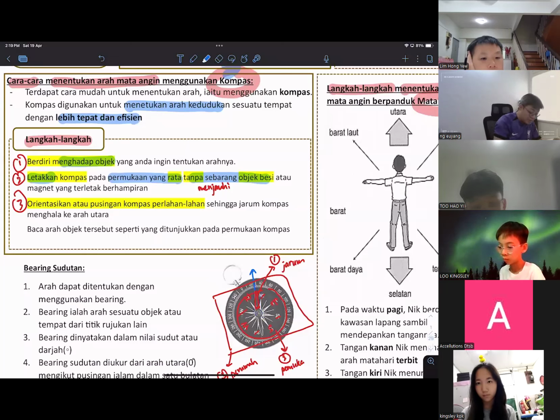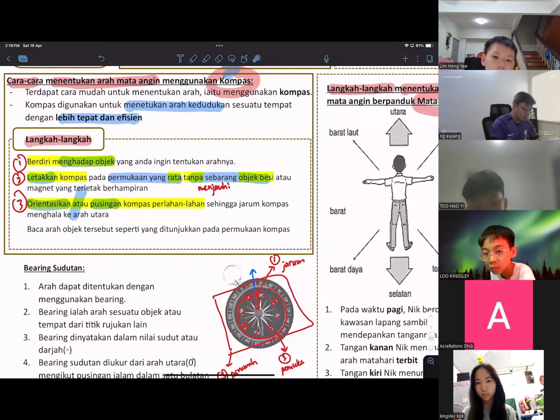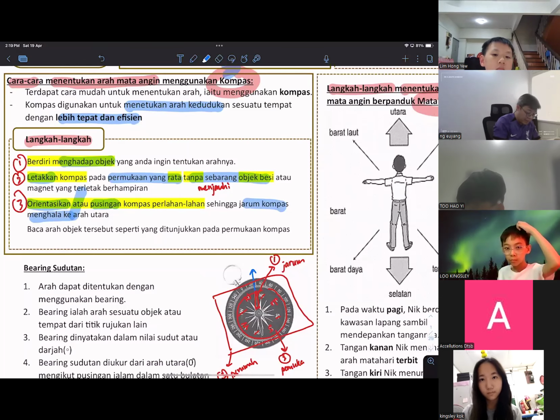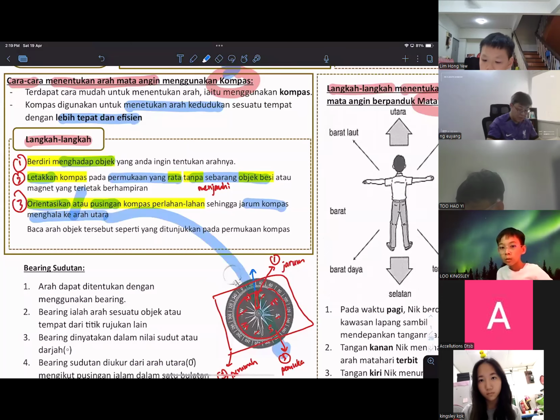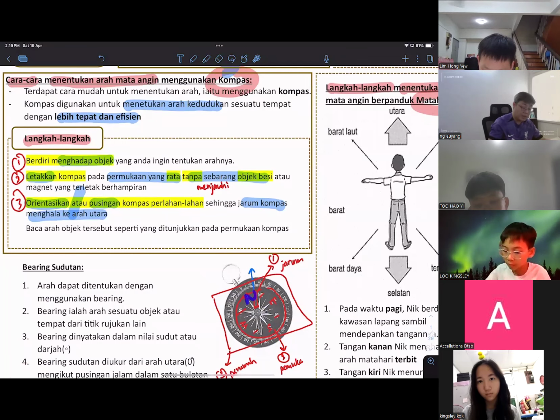So orientasi is memusingkan, same thing. So when you choose mengorientasikan, then do not use memusingkan. So mengorientasikan kompas perlahan-lahan atau memusingkan kompas perlahan-lahan until jarum menghadap ke arah utara according to the permukaan. Okay, so facing directly to the north from your permukaan.